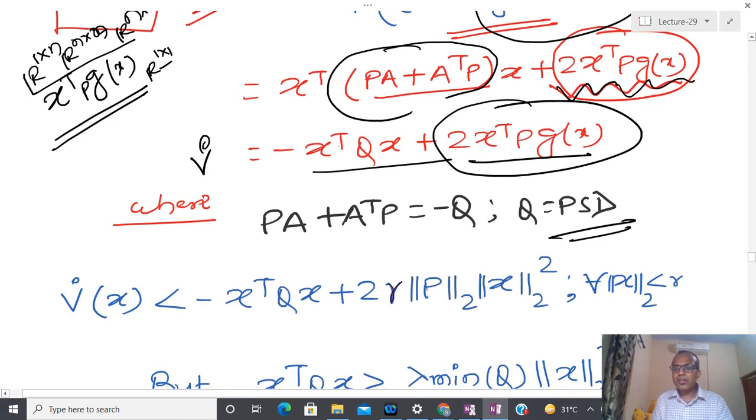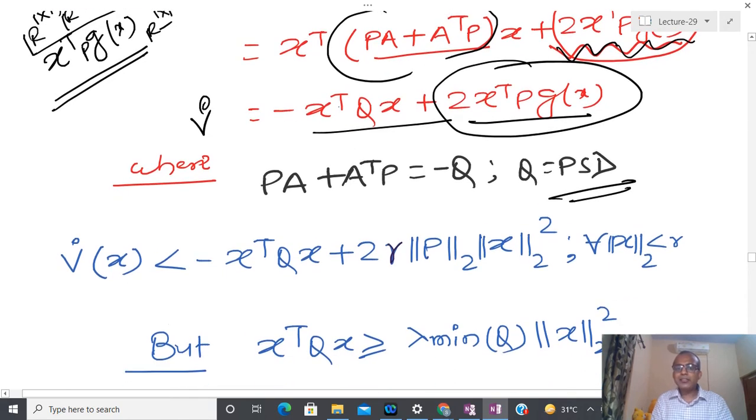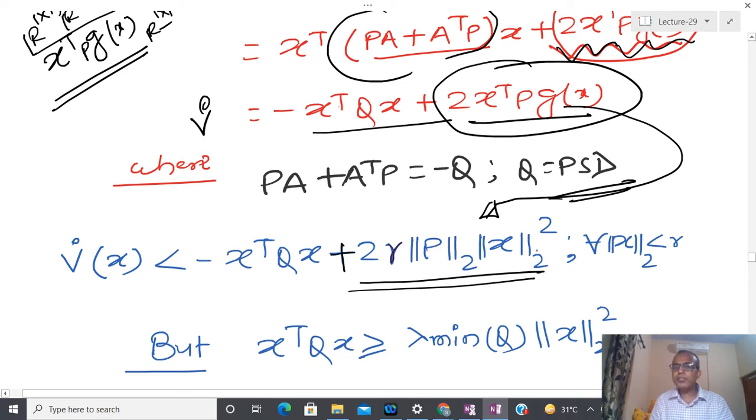In the worst case, some kind of perturbation comes into the picture, and whenever you are doing worst case analysis, please be sure that you are using inequality, so all terms have some definite sign. You can see here that I have put a plus sign, and after that every term is positive, because only when a positive term comes here, V dot might become greater than 0.